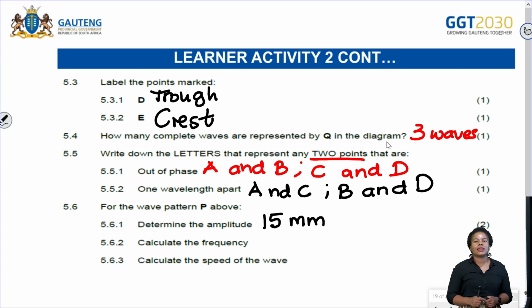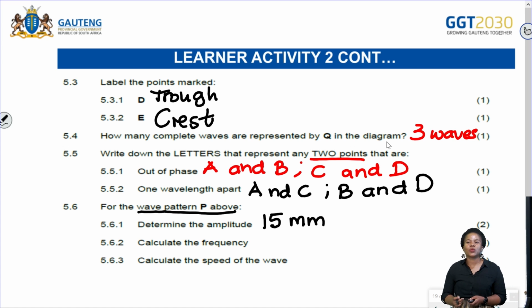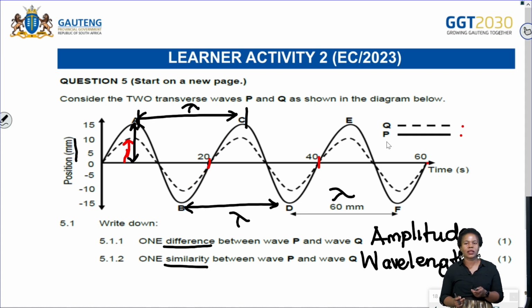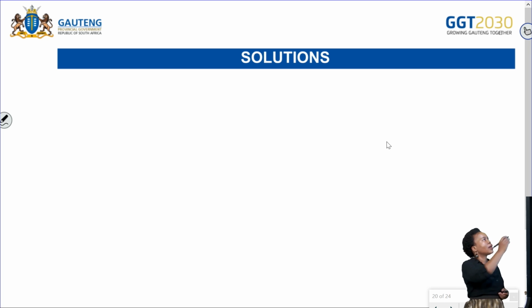You're looking at the maximum displacement from the rest position. And then calculate the frequency. How do you then calculate the frequency of your wave? For P, because we are still looking at wave pattern P. So what do we do? You can come back to your, there it is.